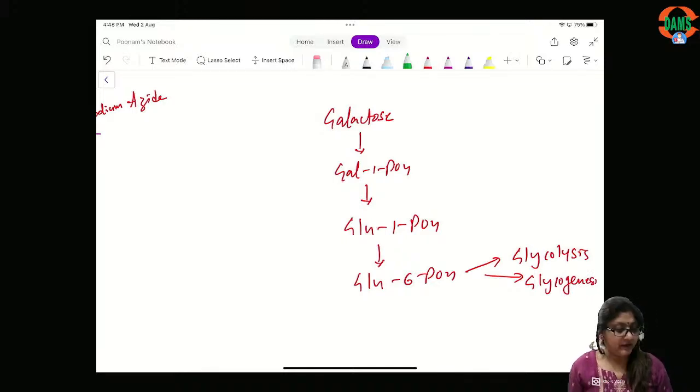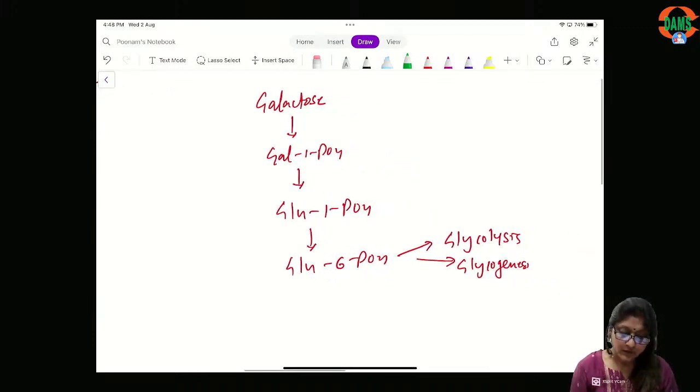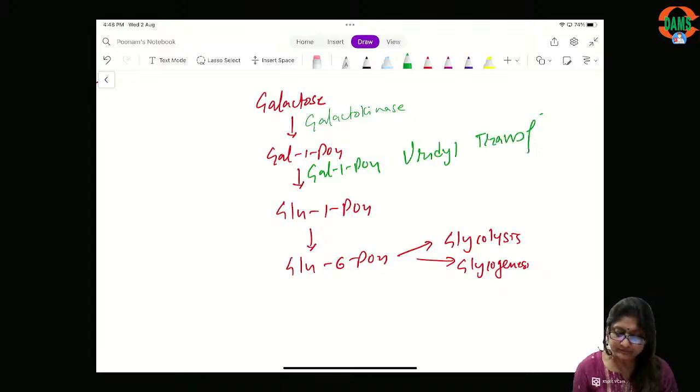It's not very complicated. It's a very straightforward, simple pathway. Galactose, galactose 1-phosphate, glucose 1-phosphate, glucose 6-phosphate, and utilization. This is going to be the galactokinase enzyme, and this is going to be the galactose 1-phosphate uridyl transferase enzyme.